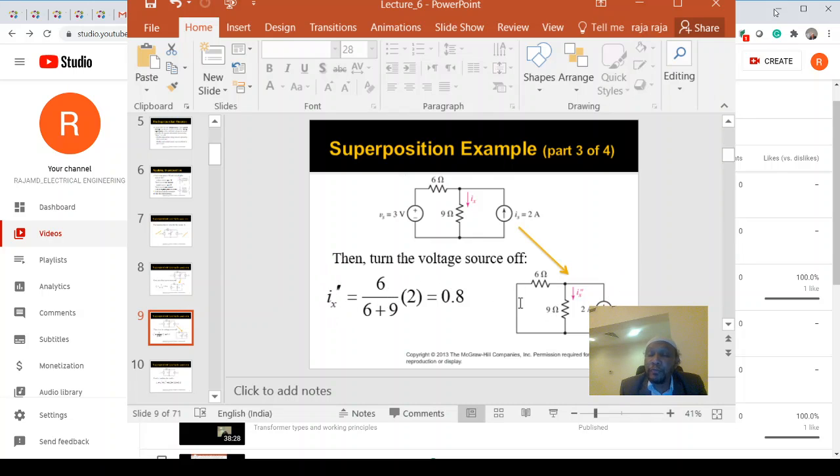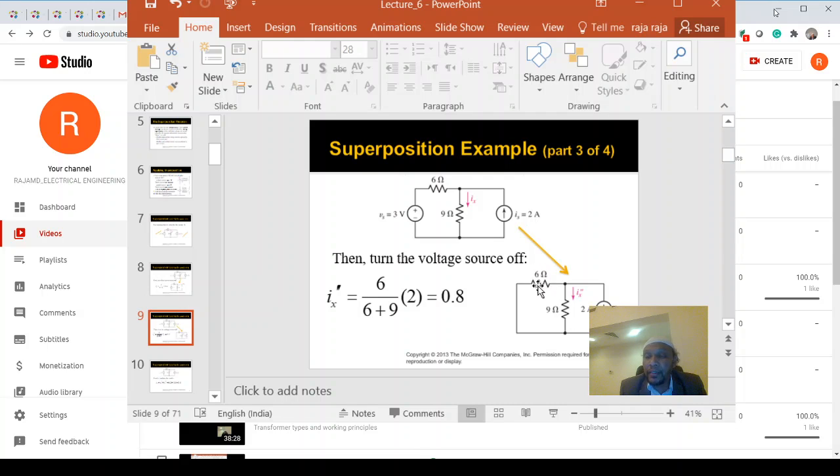I cannot apply Ohm's law now. Why? Because this is now a 2 loop. So I am going to apply the current division rule. What is the current division rule? The total current, or we can say source current, multiplied by the opposite resistance over the sum of the resistances. What is the meaning of opposite resistance? If I want to calculate the current flowing here, this is my opposite resistance.